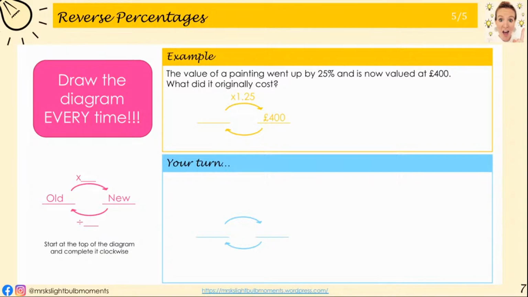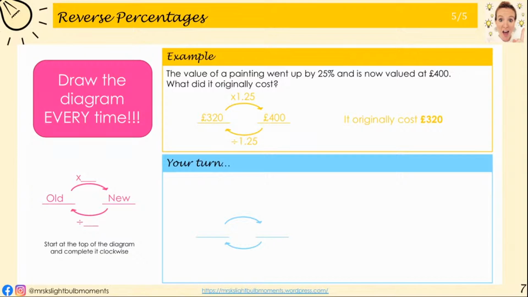That's everything from the question, but we can use our diagram to undo that and go backwards. The opposite of multiplying by 1.25 is dividing by 1.25. So all we've got to do to find the answer is 400 divided by 1.25, and you get 320. So it shows you that it originally cost £320.